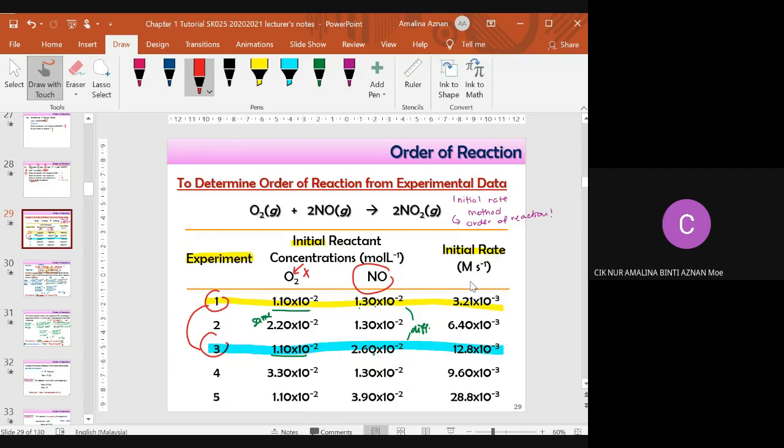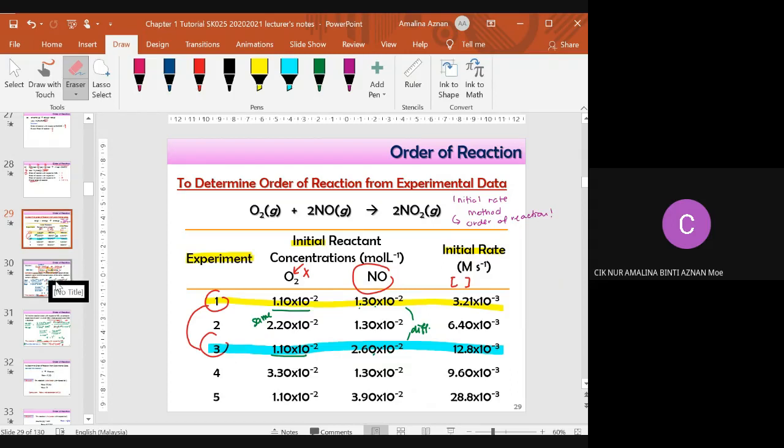So contoh dia bagi concentration, satu kolom sini concentration, and dia bagi time. So maksudnya apa? Kamu yang kena cari rate, change in concentration over time lah. Okay. So tak apa, nanti kita akan tengok few example lah.